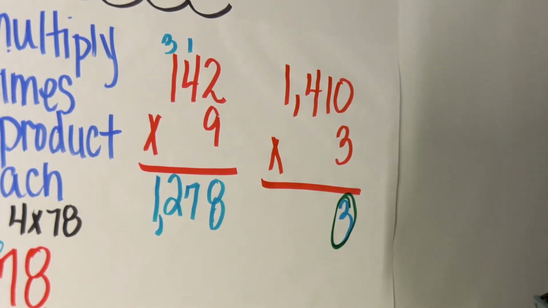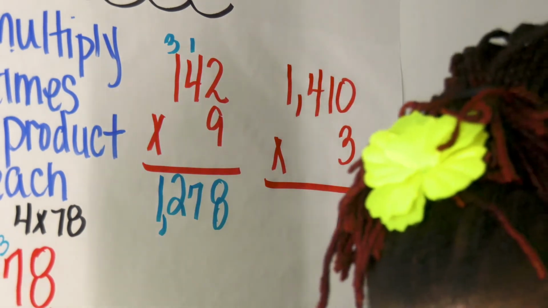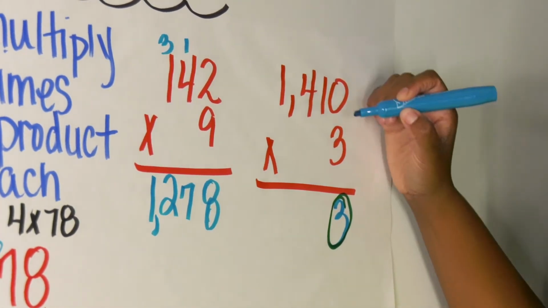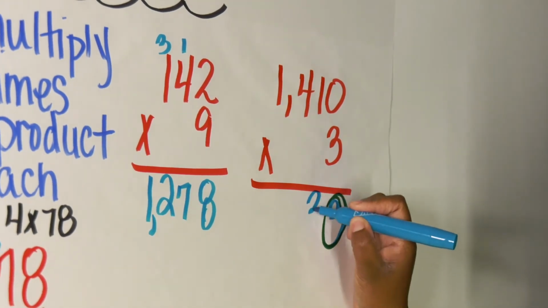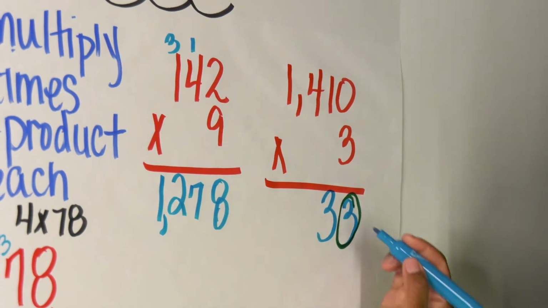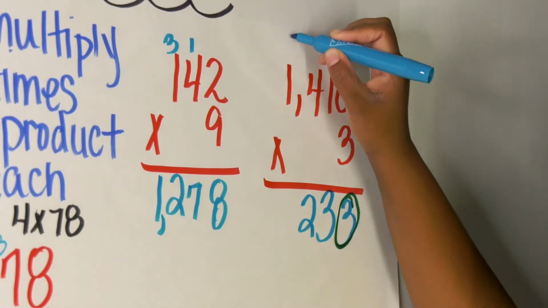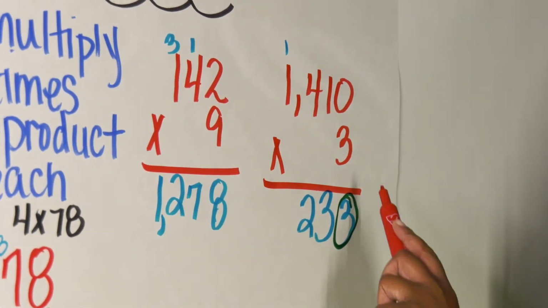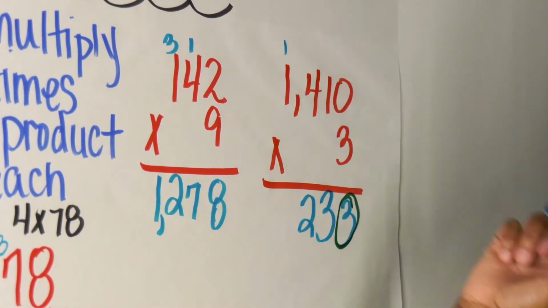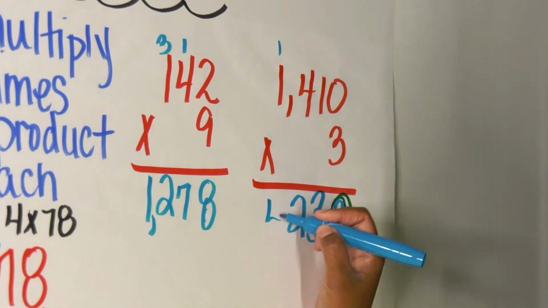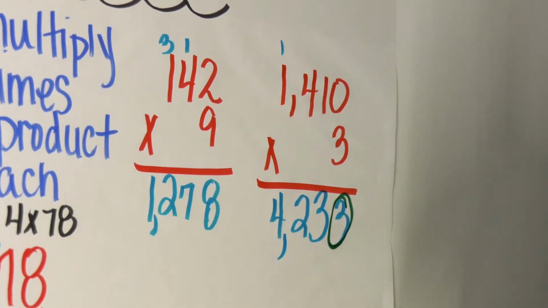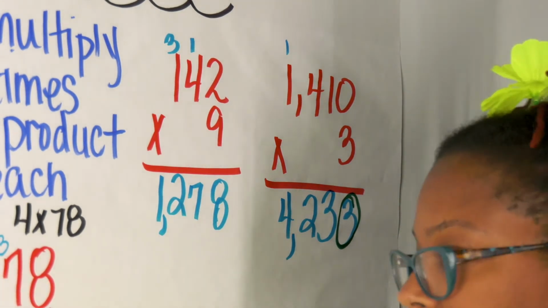Guess what? It's okay to make a mistake as long as you catch it. So 0 times 3 is 0. 3 times 1 is 3. 3 times 4 is 12. So I'll put my 2 and carry my 1. 3 times 1 is 3 plus 1, 4. So since this is thousands, 1, 2, 3 over, and I'm going to bring my comma.